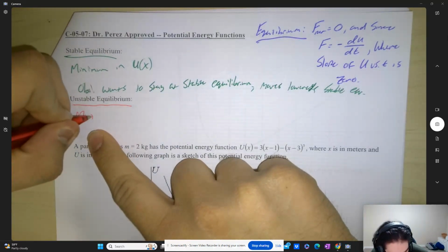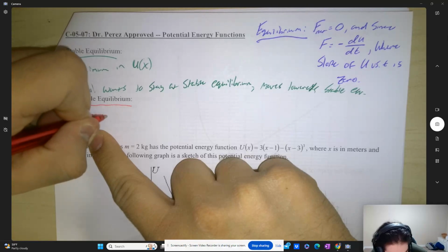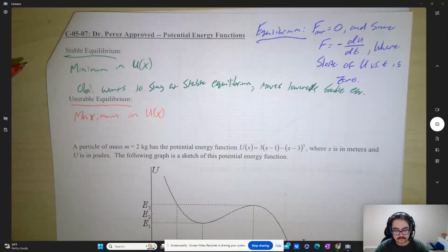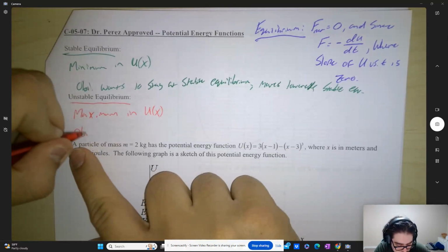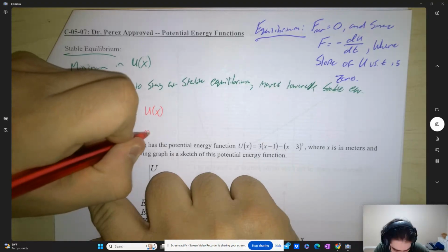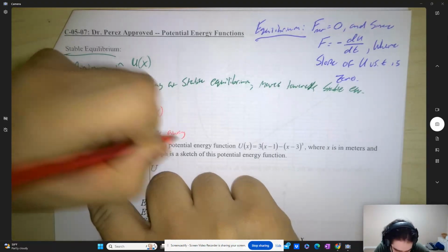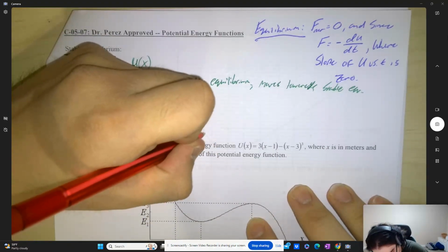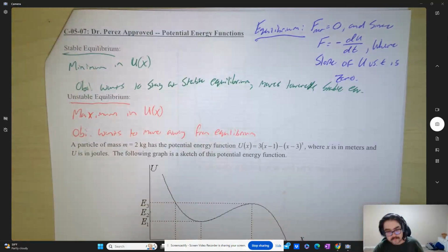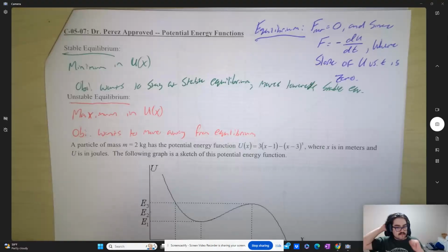Maximum. So an unstable equilibrium is a maximum in the potential energy function, and the object wants to move away from equilibrium.